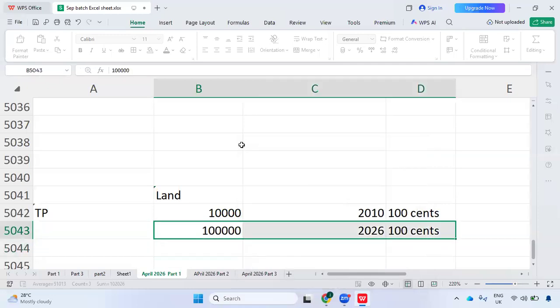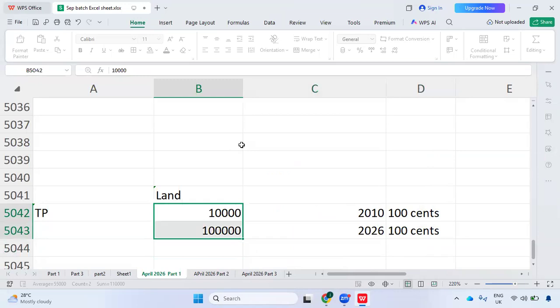Why does the price change? Because of inflation. Inflation in 2010 will be different from inflation in 2026. Within the same year there won't be so much inflation, but once it is the next year, there may be a change.